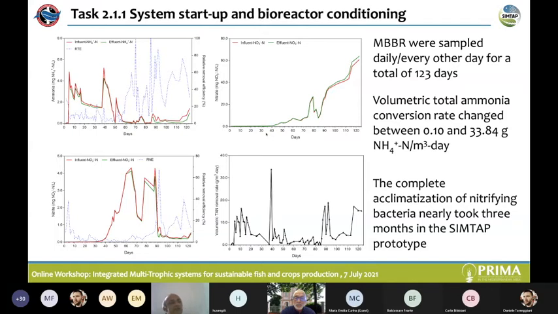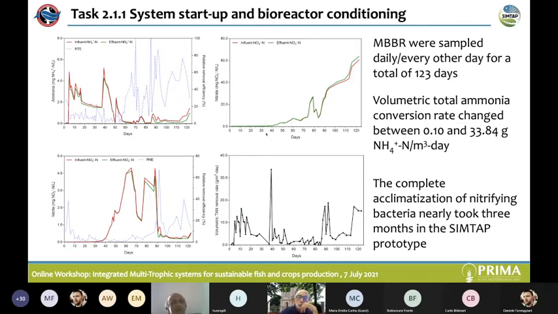You can see in the figures that acclimation of ammonia oxidizing bacteria was recorded on the 40th day, when a sharp decrease in ammonia and a sharp increase in nitrite occurred. Acclimation of nitrite oxidizing bacteria was recorded when a sharp decrease in nitrite occurred on the 9th day.